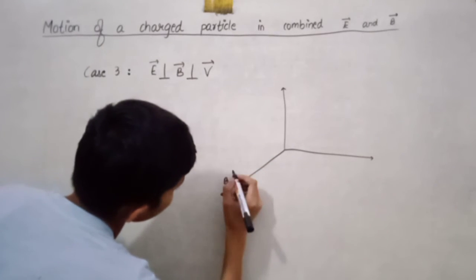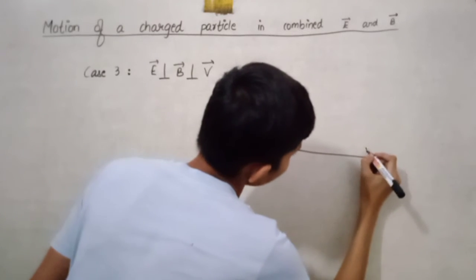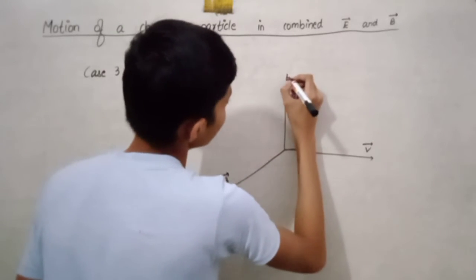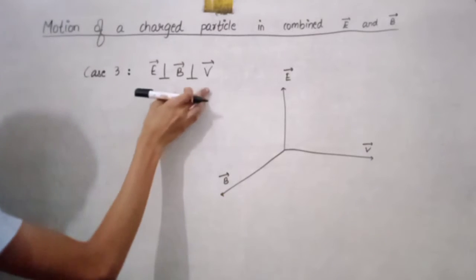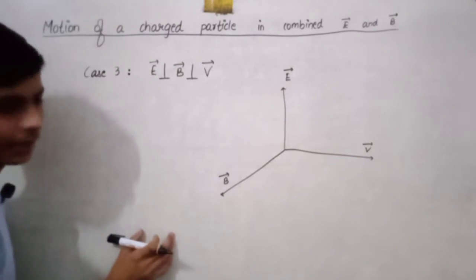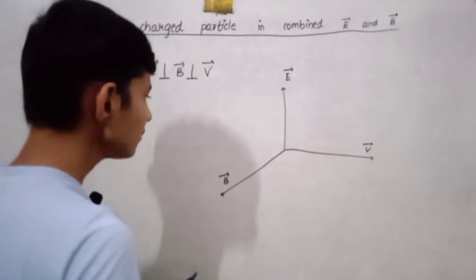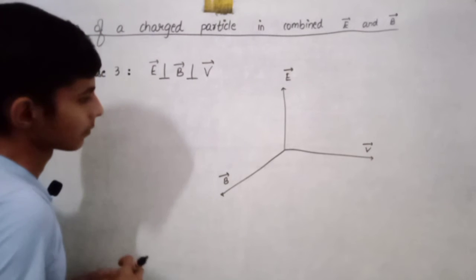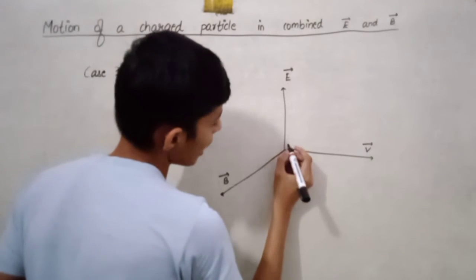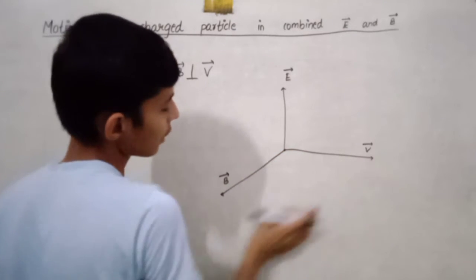This is our magnetic field axis, this is our velocity axis, and this is our electric field axis. These three are perpendicular to each other. Now the charge is present here and it has a velocity in the positive x direction.